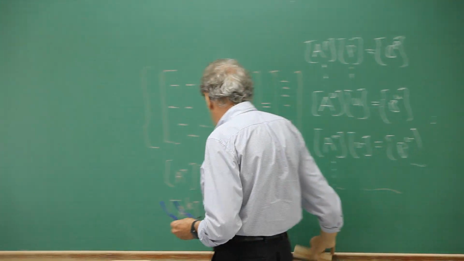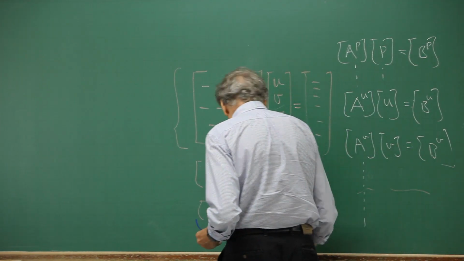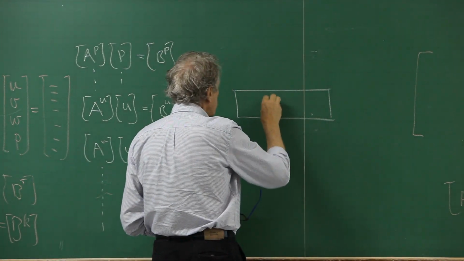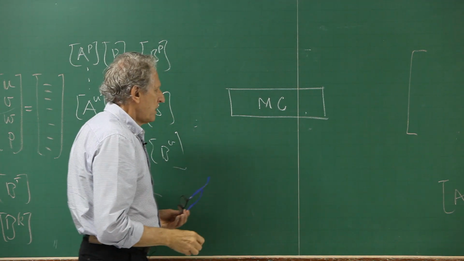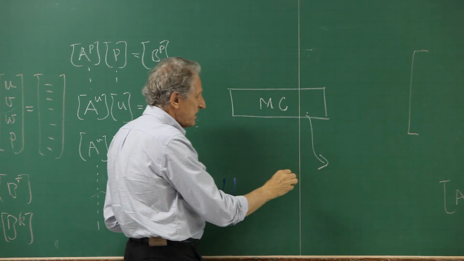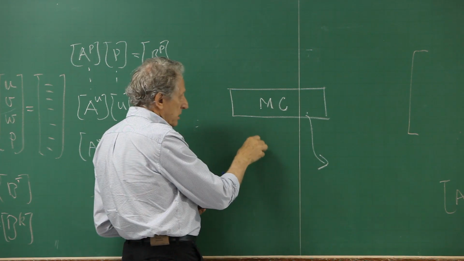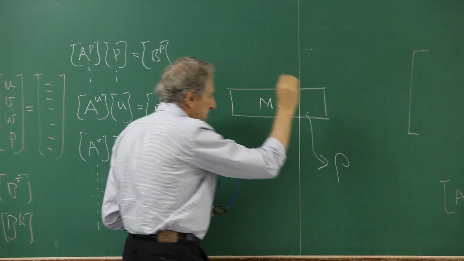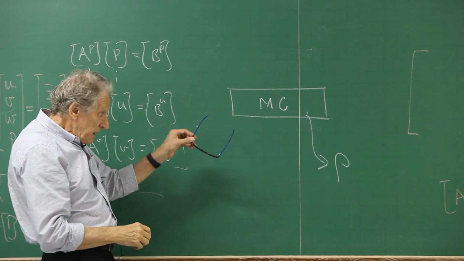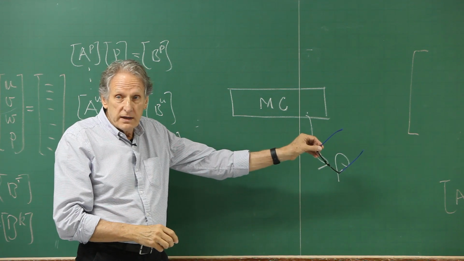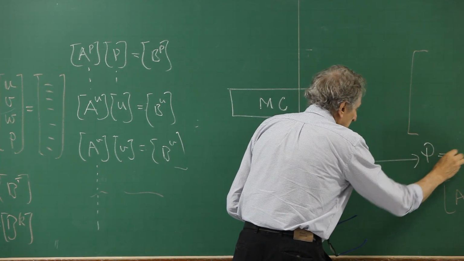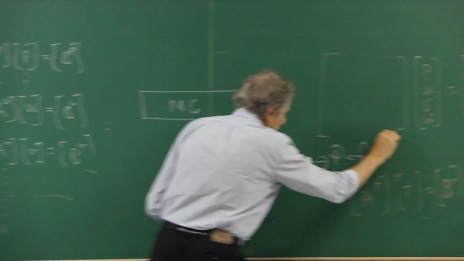I know it's not so easy to... the mass conservation. I think my next slide will tell that. You can extract density from here, from mass conservation. And then you find pressure as a function of density and temperature.